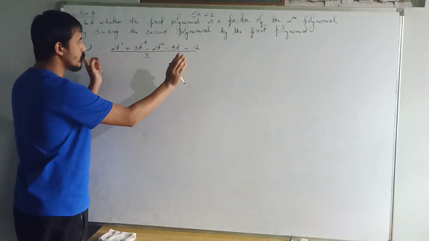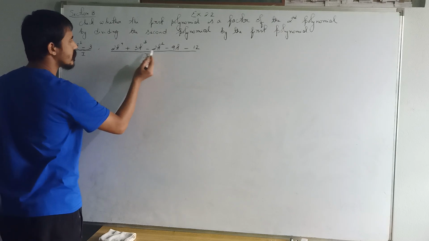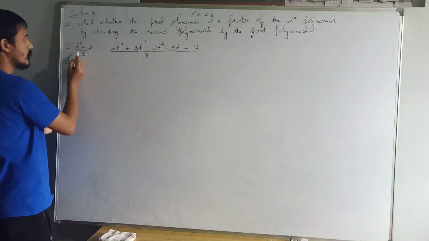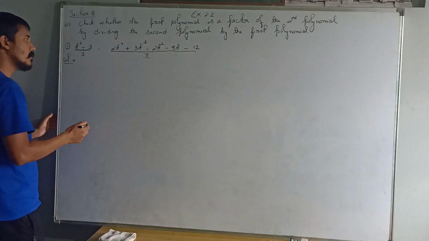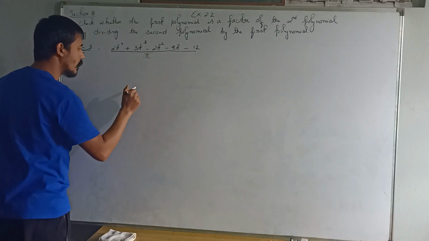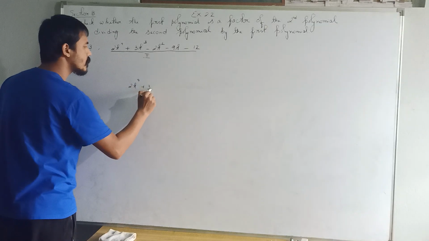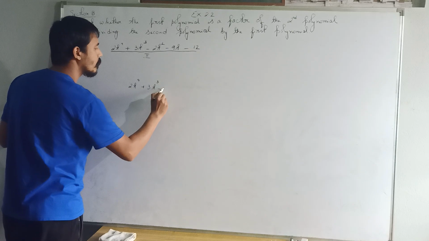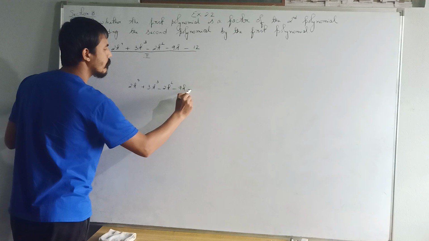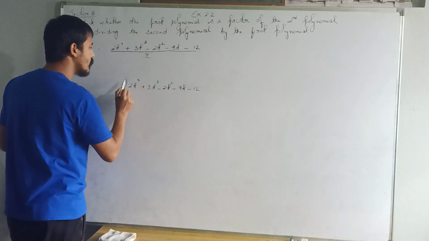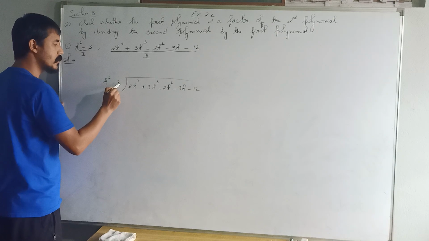So this is your second polynomial. It is arranged in the order of decreasing power. This polynomial is also arranged in the order of decreasing power. So we'll simply divide now. So the second polynomial, 2t to the power 4 plus 3t cubed minus 2t square minus 9t minus 12 has to be divided by the first polynomial, t square minus 3.